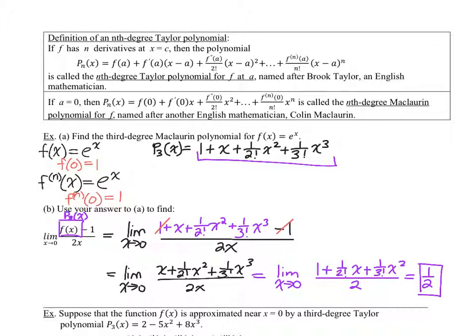I'm going to lose some accuracy, but if I'm just looking for an estimate, I'm going to be in the right neighborhood. If I go from -0.2 to 0.2, very accurate. The closer I get to 0, the more accurate it's going to be. Now, if I want to go from, let's say, -10 to 10 and still use a polynomial, I need more terms. How many more terms? That's a different conversation for a different time.